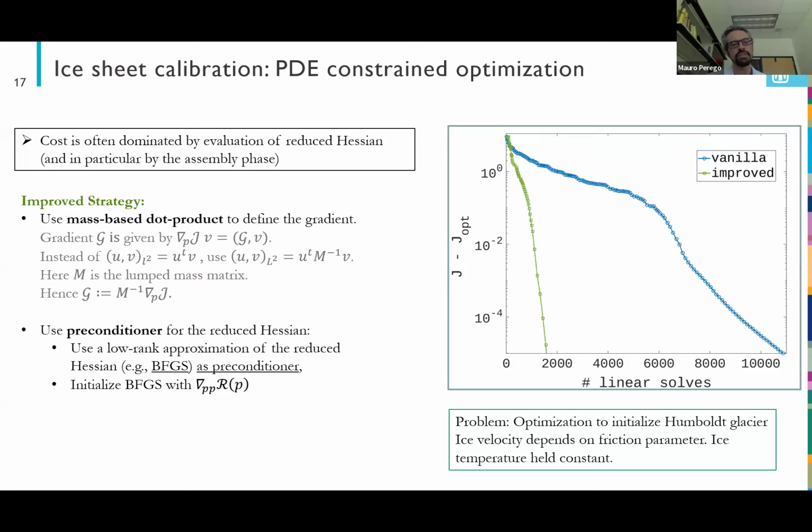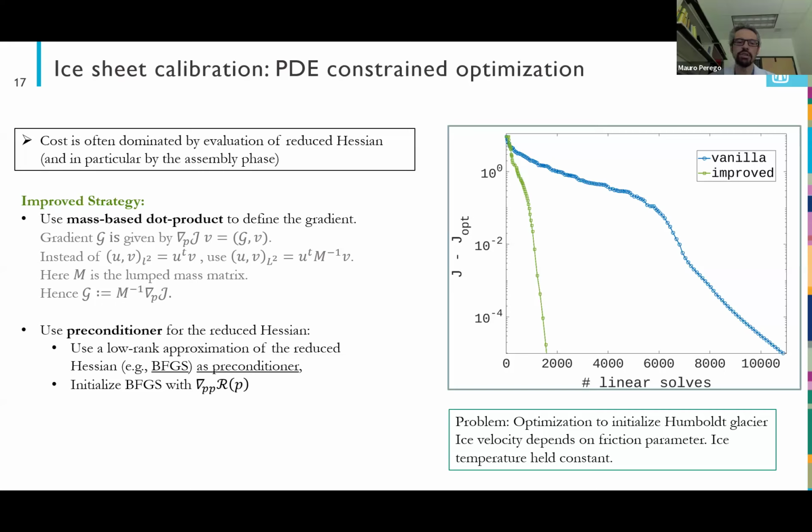If instead of the typical Euclidean product, you use a product based on the mass matrix, then with finite element discretization you typically get a much better result, especially on variable resolution meshes, because the mass matrix incorporates information about the mesh.